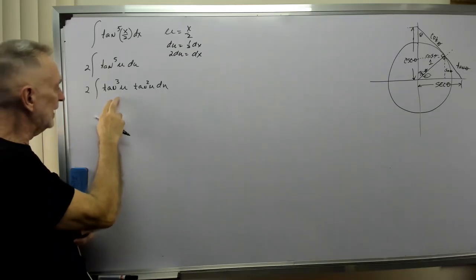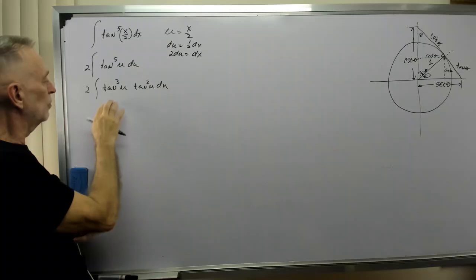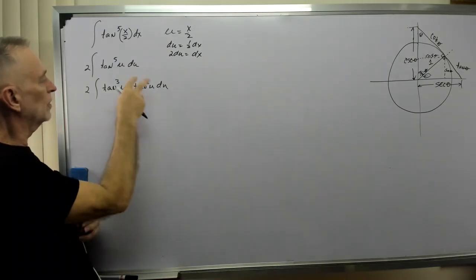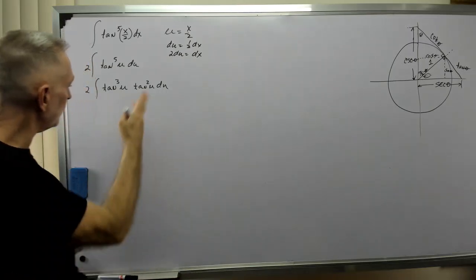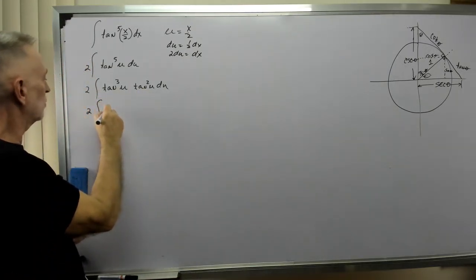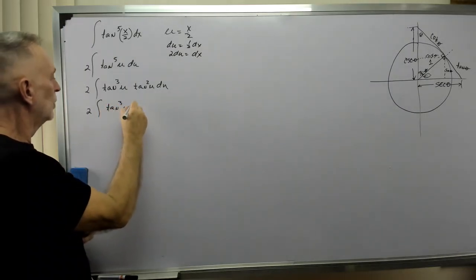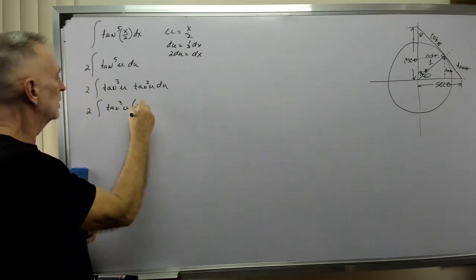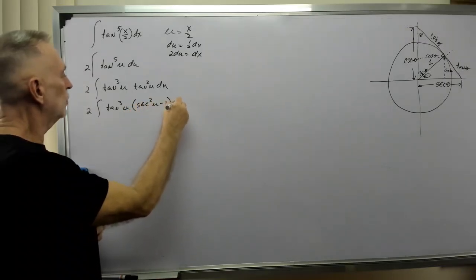I'll call that t. I'll let t equal tangent. And it would be t to the third power, and then I'd have a dt over here if I can introduce a secant squared. And I can do that in this case. So 2 times the integral of tangent cubed u times secant squared u minus 1 du.